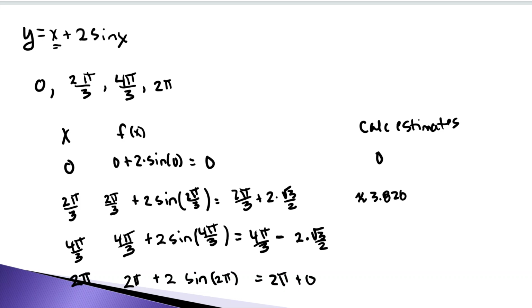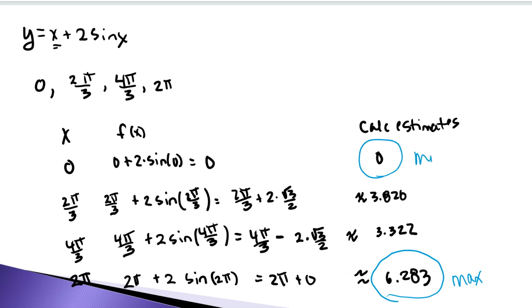The next one, 4 pi over 3 plus 2 times sine of 4 pi over 3 is about a 3.322. And 2 pi is about a 6.283. Okay, so I look at these y values and I see that this is the largest and this is the smallest, and those are my answers.